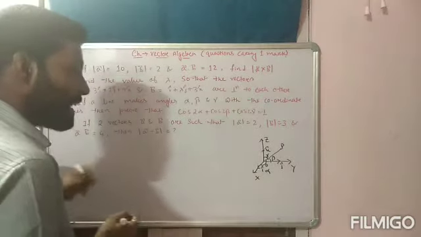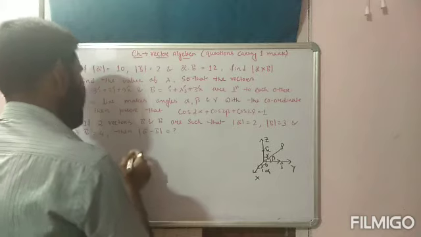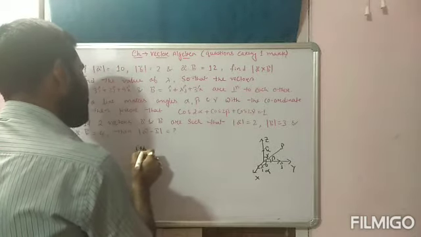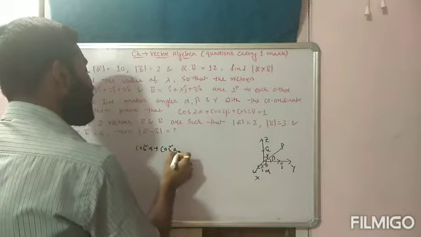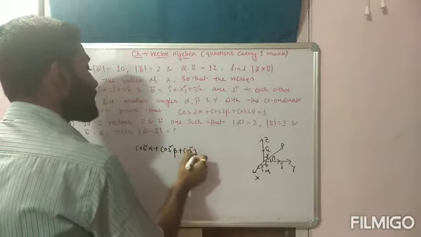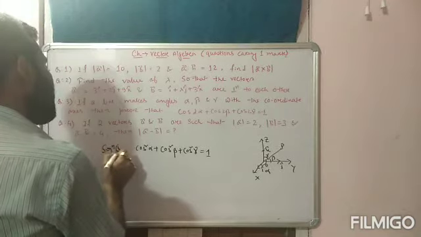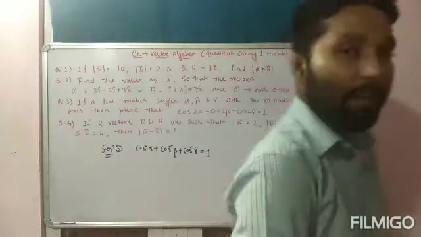So since the line makes angle alpha, beta and gamma with the coordinate axis, therefore we know cos square alpha plus cos square beta plus cos square gamma is equal to 1. This is solution number 3. cos square alpha plus cos square beta plus cos square gamma is equal to 1.